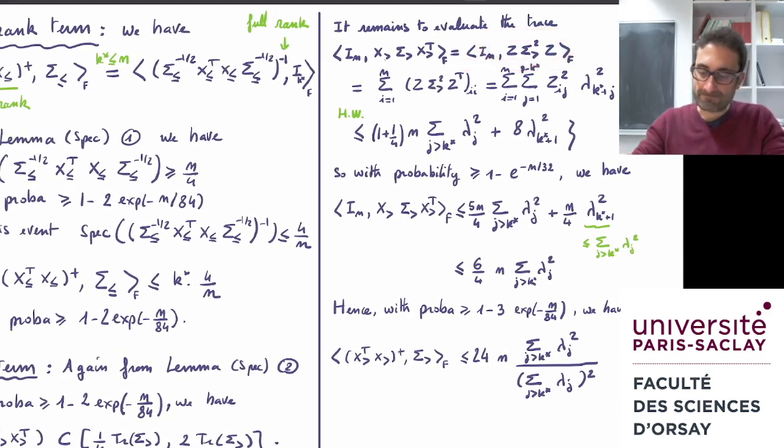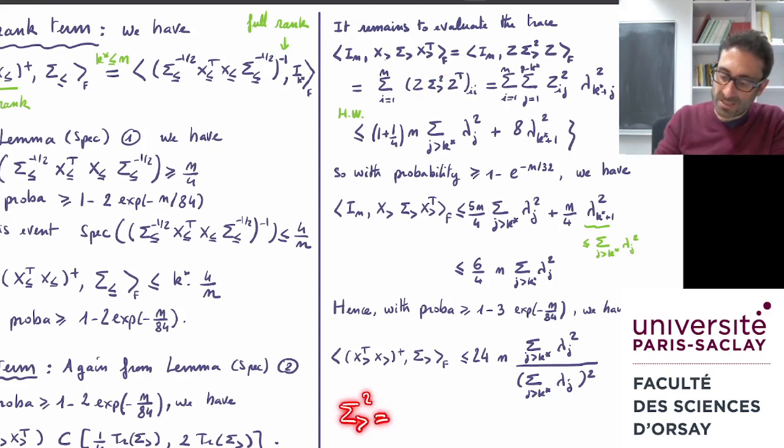And I can expand this formula. So what is this formula? I look at the trace of this matrix. So this is simply the sum of the diagonal terms of this matrix. And now I can write what this matrix is. I remind you that here I have a diagonal matrix, with the eigenvalues larger than k star, squared, because I have a square.